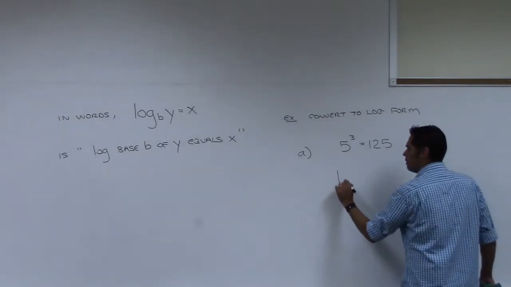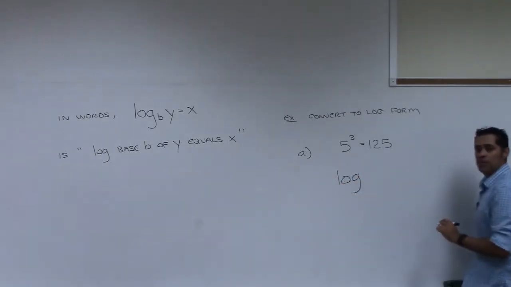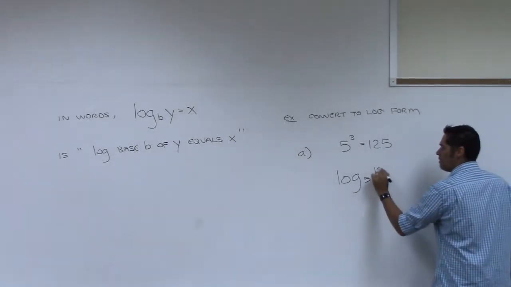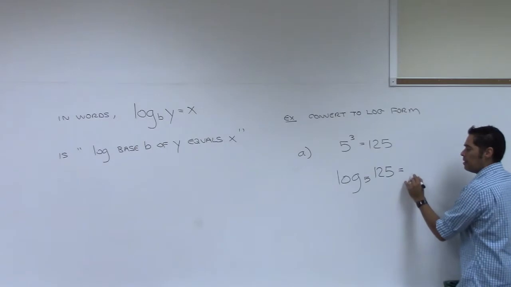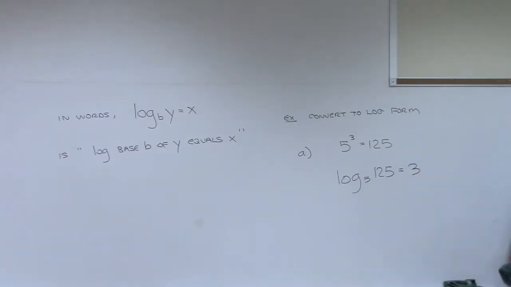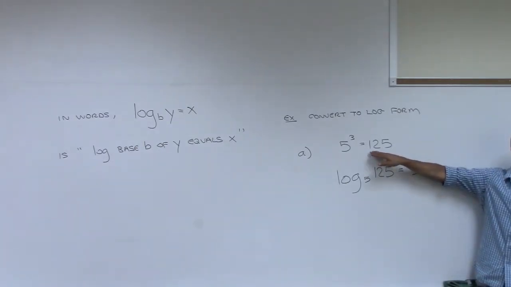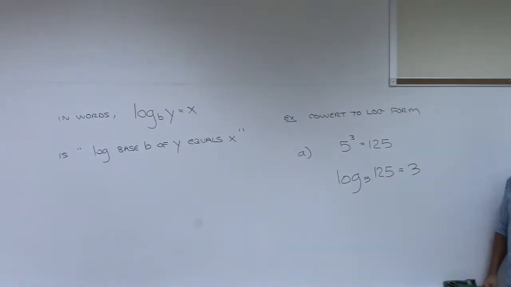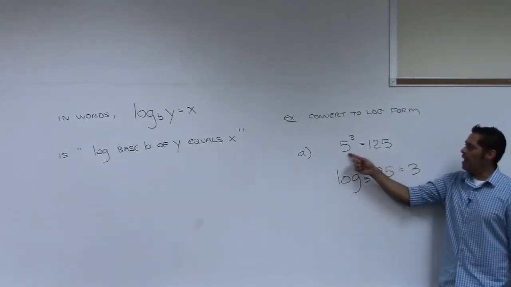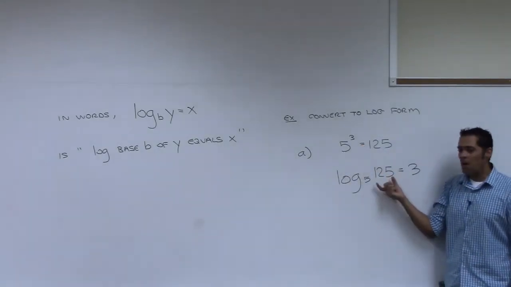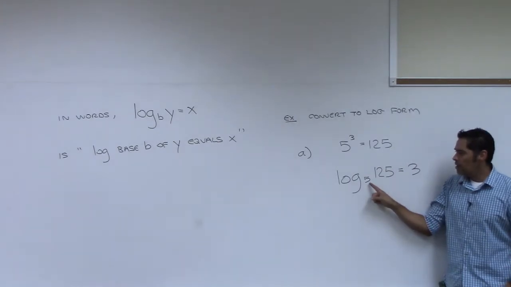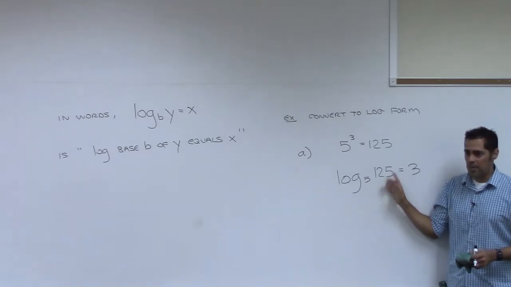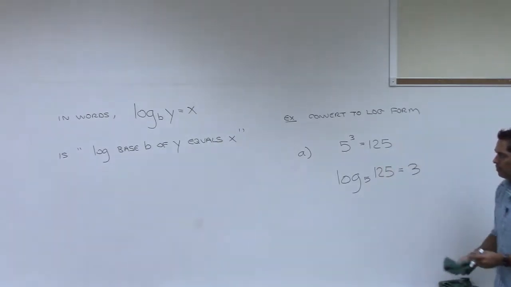Log base 5 of 125 equals 3. This is the exponential form of that equation. This is the logarithmic form of that equation. This one says, of course, 5 cubed is 125. But this is also saying that 5 raised to the third power is going to be 125. They're saying the same things, two different forms.